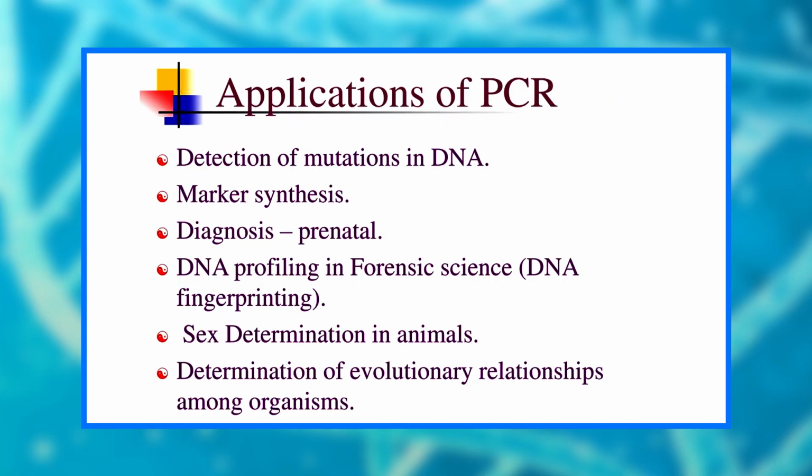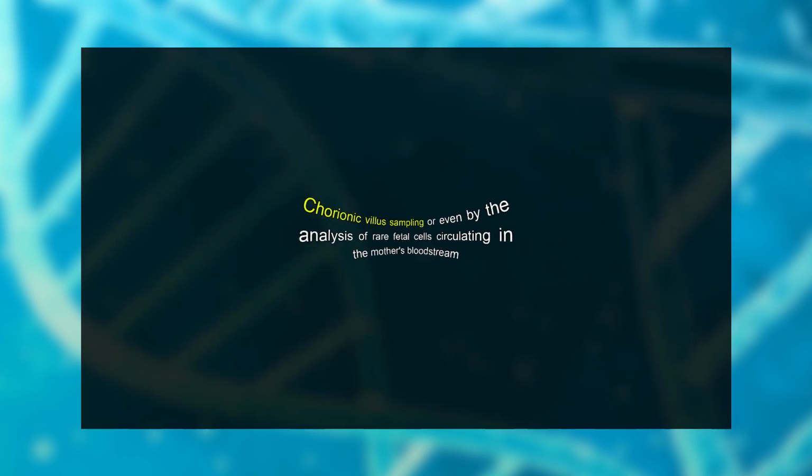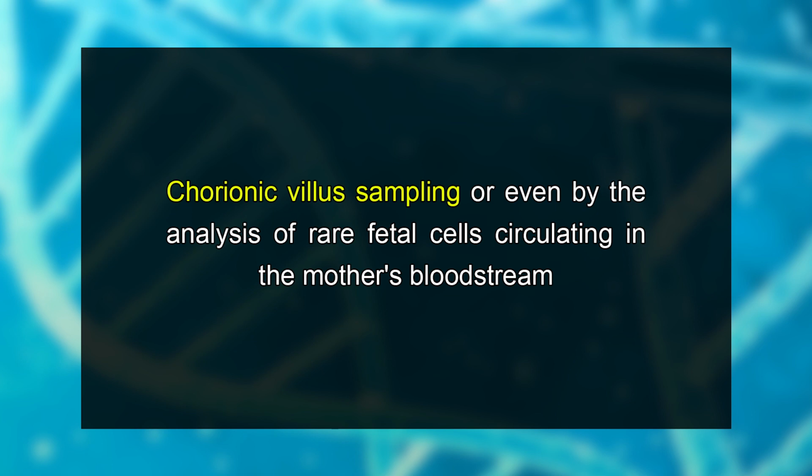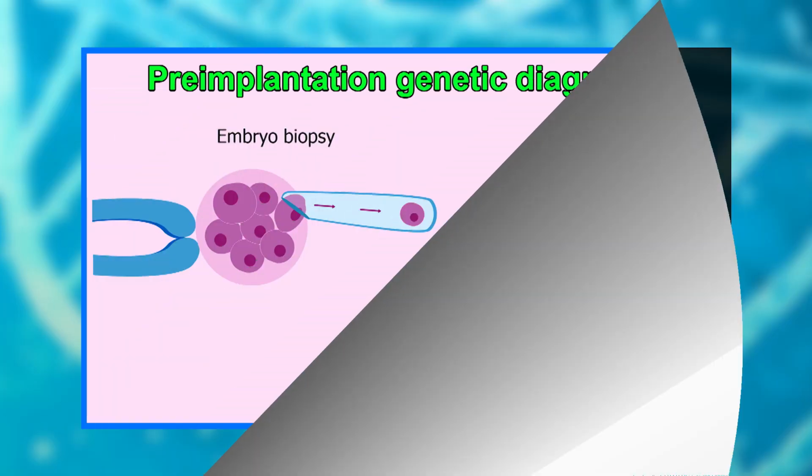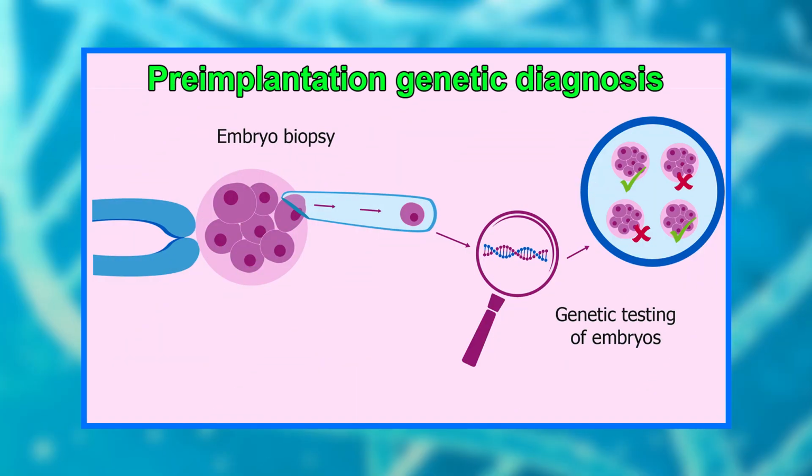DNA samples for prenatal testing can be obtained by amniocentesis, chorionic villus sampling, or even by the analysis of rare fetal cells circulating in the mother's bloodstream. PCR analysis is also essential to pre-implantation genetic diagnosis, where individual cells of a developing embryo are tested for mutations.